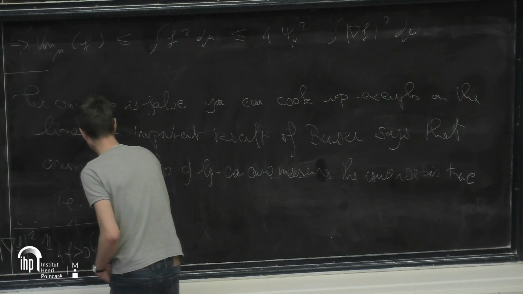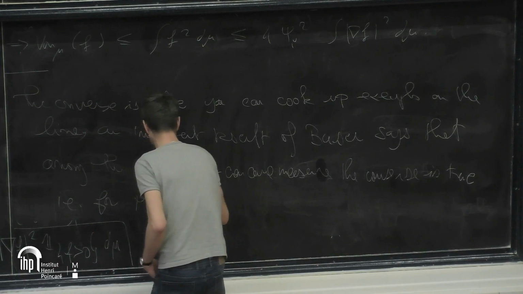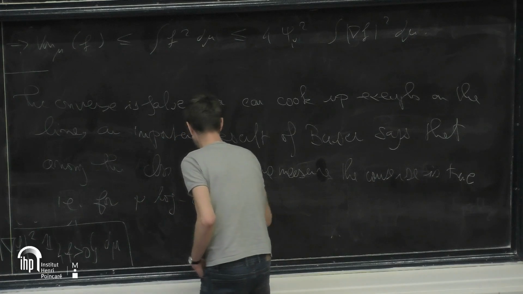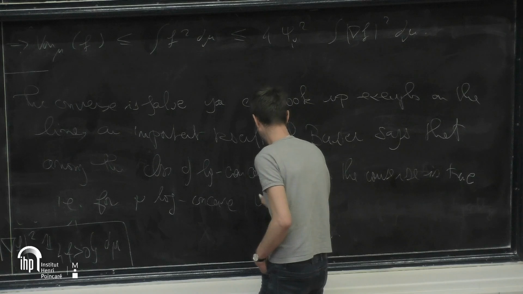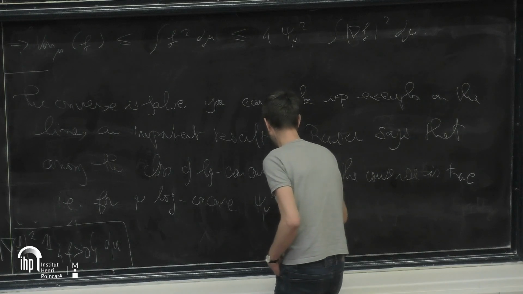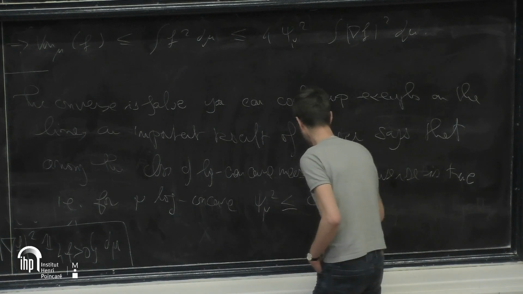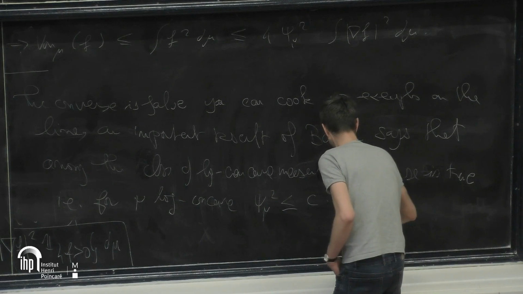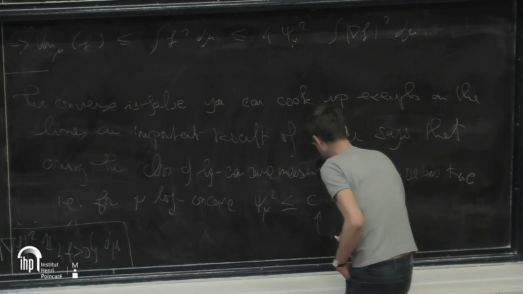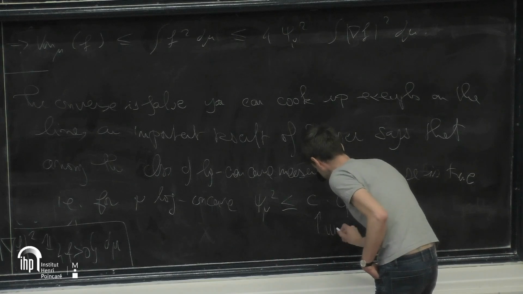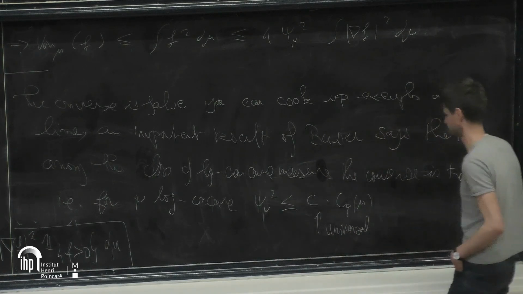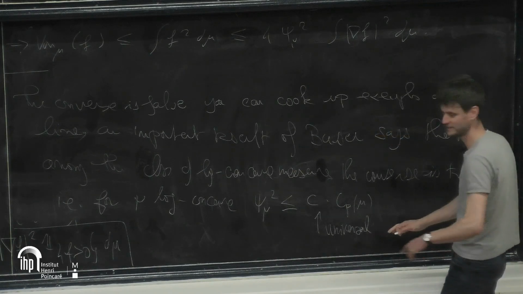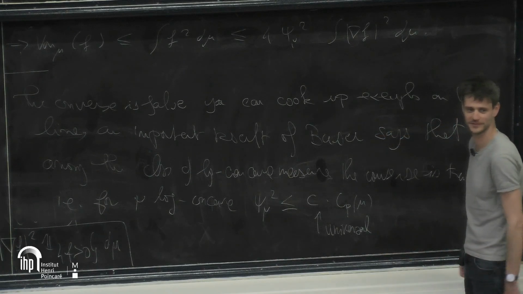For mu log-concave, the Cheeger constant is less than some constant times the Poincaré constant, where this constant is universal. So we've had the discussion of what's a universal constant already.